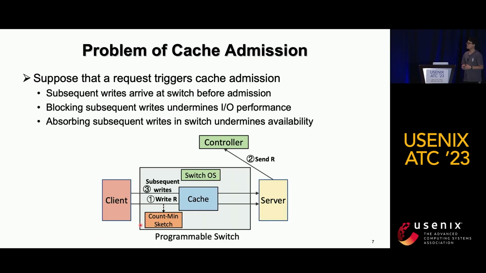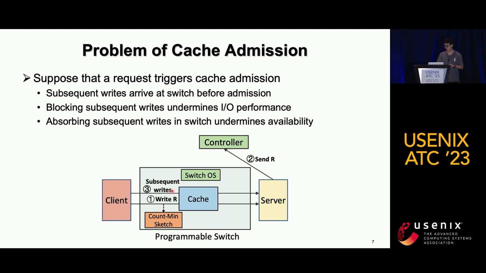First, let me consider the performance challenge. Here is the performance problem in cache admission. Suppose a write request issued by a client arrives at the switch and triggers cache admission to the controller. As the controller is much slower than the switch data plane, before the controller admits the record into the switch, a subsequent write could arrive at the switch.